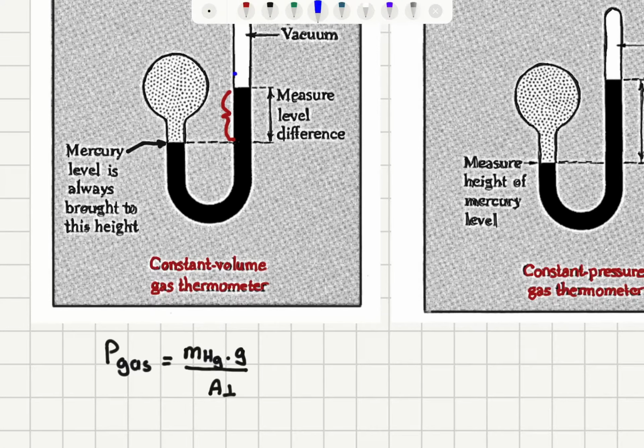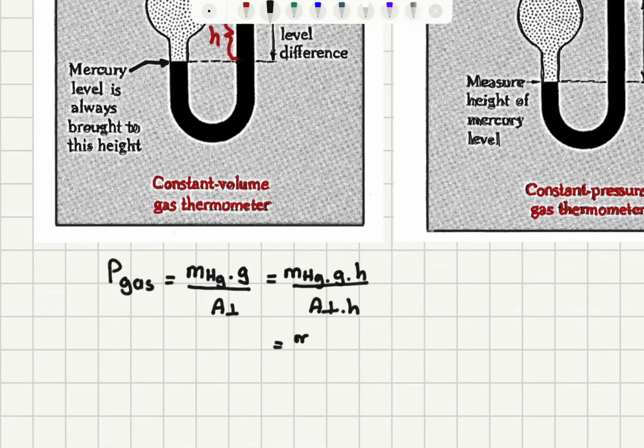It is basically the cross-sectional area of this tube, that is area A. So this is going to be equal to mass of the mercury times g, multiplied by the height of the column on the right-hand side, H, divided by the perpendicular cross-sectional area times H, that's volume. So we obtain here mass of the mercury divided by its volume, its density, times gH.